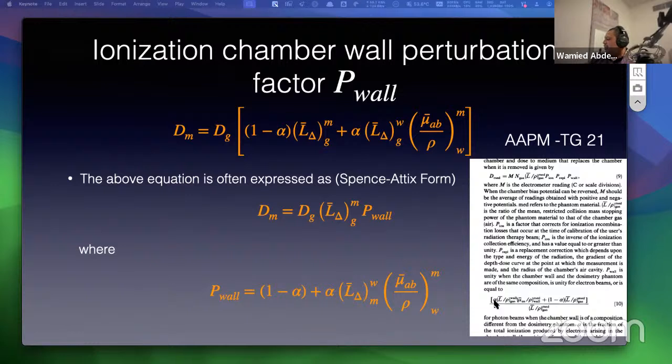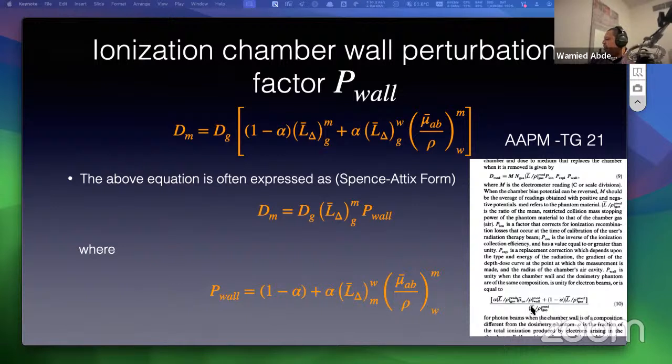So once we determine the alpha, the restricted collision stopping powers, and the mass energy absorption coefficient, then we can plug in the data, and this will give me the P1. Of course, it's written a little bit differently than here.